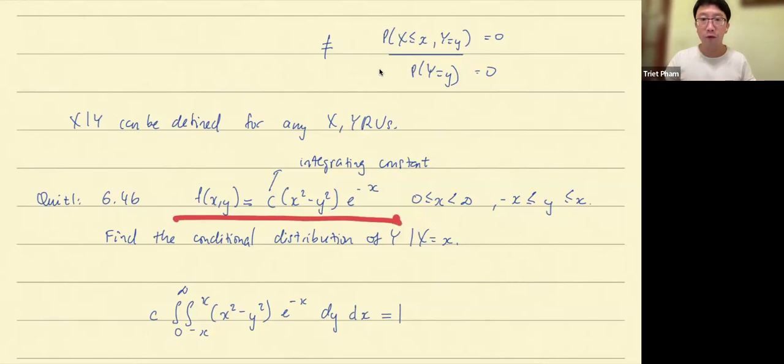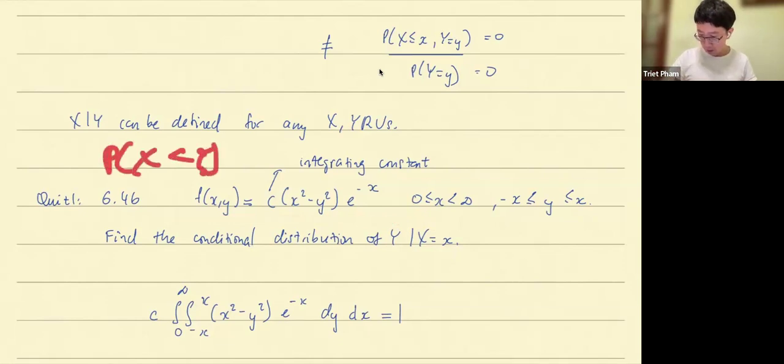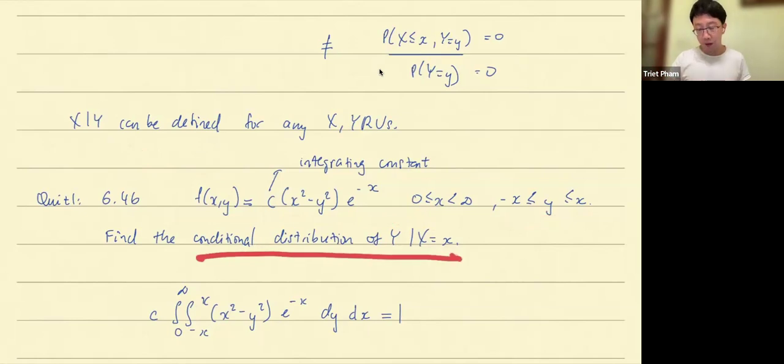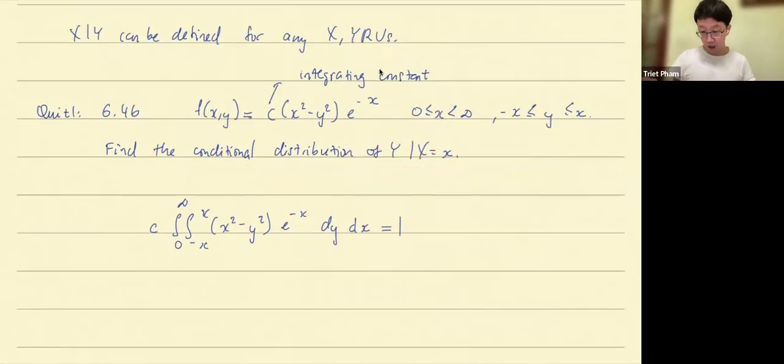Now, you may or may not have to find C depending on the work you do. Of course, if you want to find concretely, say, the probability x less than y, whatever, I guess here it's already given. But if you want to find some probability concretely, then you need to solve for C. On the other hand, here you want to find the conditional density of y given x.